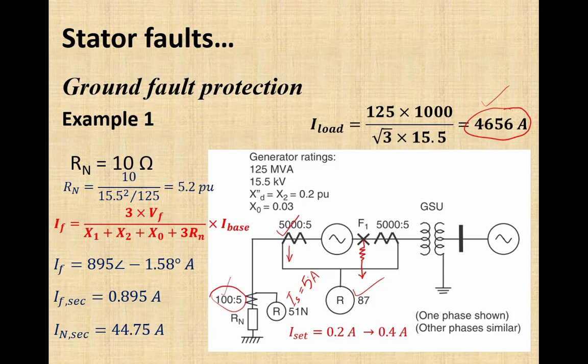But when a fault occurs, a single line to ground fault, we have sufficiently high current over here. So due to this reason, we can select the CT ratio as small as 100/5 to have a sufficiently higher value of current on the secondary side of the CT to be detected by a relay.